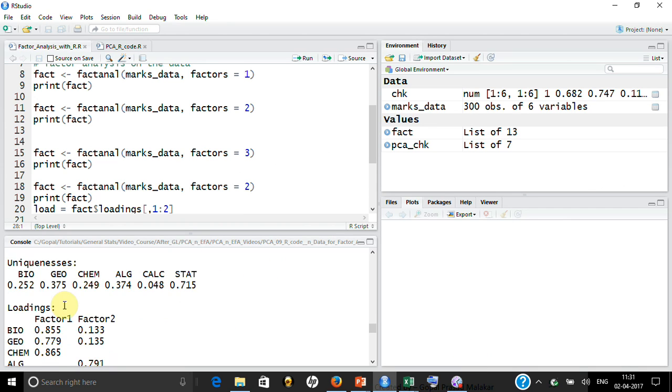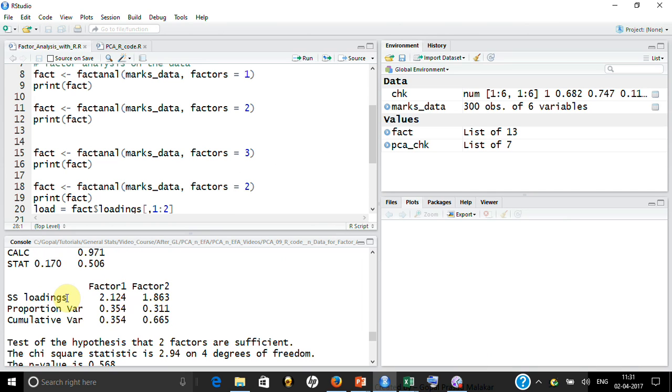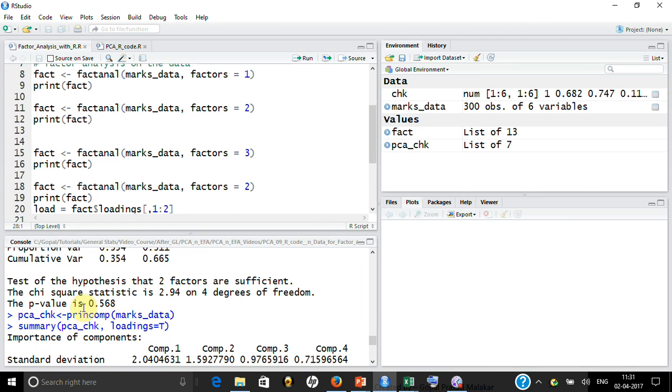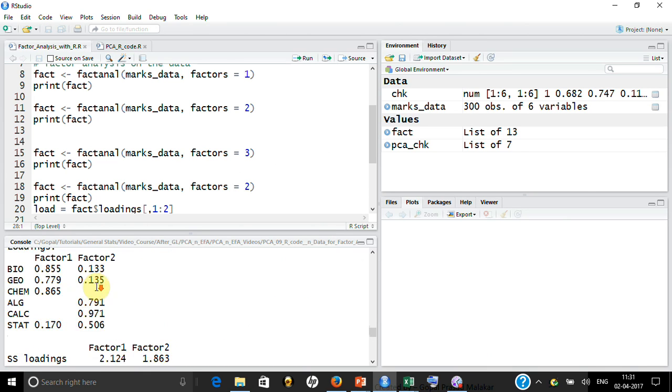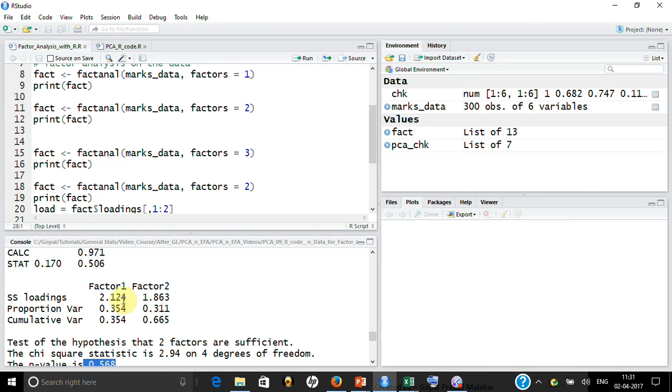We understood uniqueness, we understood loading, we have also understood how to interpret this, and only when it is insignificant do we start delving into the detail of that. Now let me explain what it means. This tells you that out of the total, if you take each and every variable, this is like the sum of squared loadings. Factor 1 is explaining 2.124 and this is explaining 1.863.